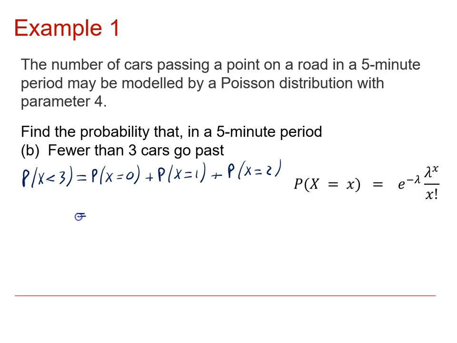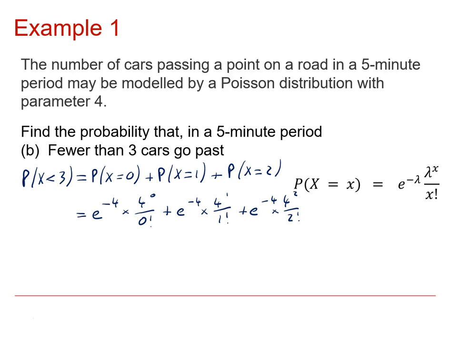And then for each of those we would put in the formula e to the minus 4 times 4 to the 0 over 0 factorial plus e to the minus 4 times 4 to the 1 over 1 factorial plus e to the minus 4 times 4 squared over 2 factorial. Pop that in your calculator and out it will pop.